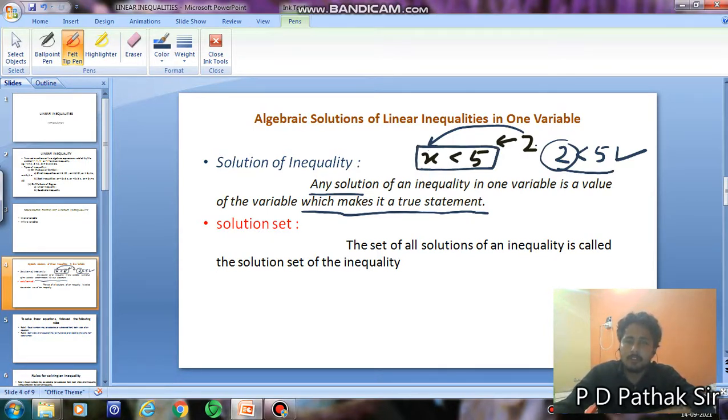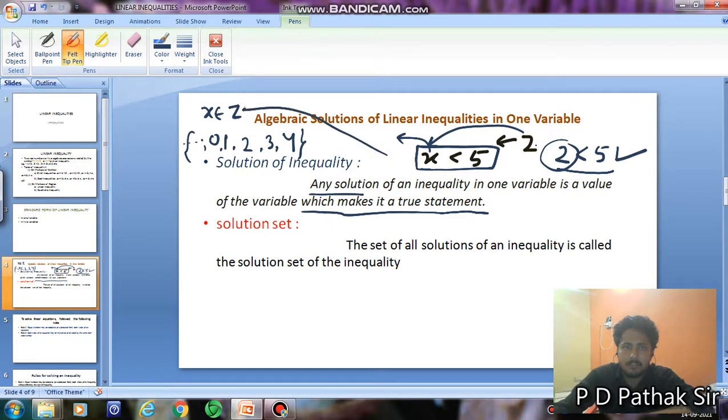So how many solutions can we get from here? Infinitely many solutions. Why? 1 is also the solution, 2 is also the solution, 3 is also the solution, 4 is also the solution, and similarly 0 and so on, if we are saying that x belongs to Z. So the solution set also depends upon the condition whether x belongs to Z, natural numbers, real numbers or whole numbers.